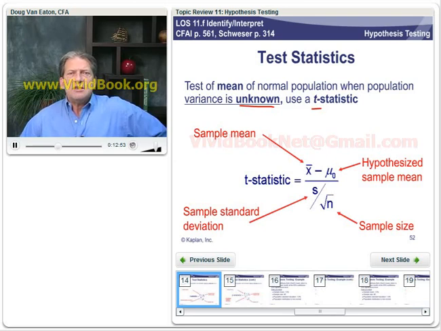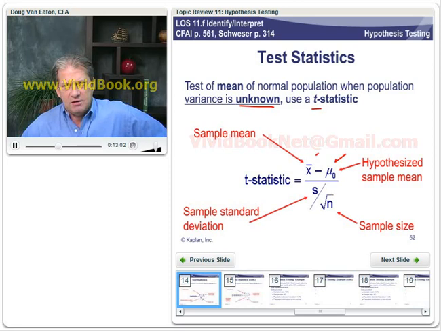Now, our t-statistic, our test statistic, is our sample mean minus our hypothesized mean. So this term goes away right here if our hypothesis is that the true mean is 0. Then we're just looking at our sample mean and how many standard errors it is away from 0.